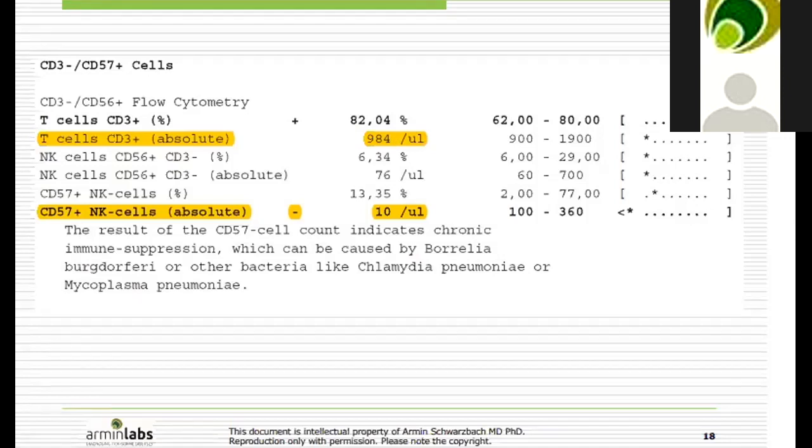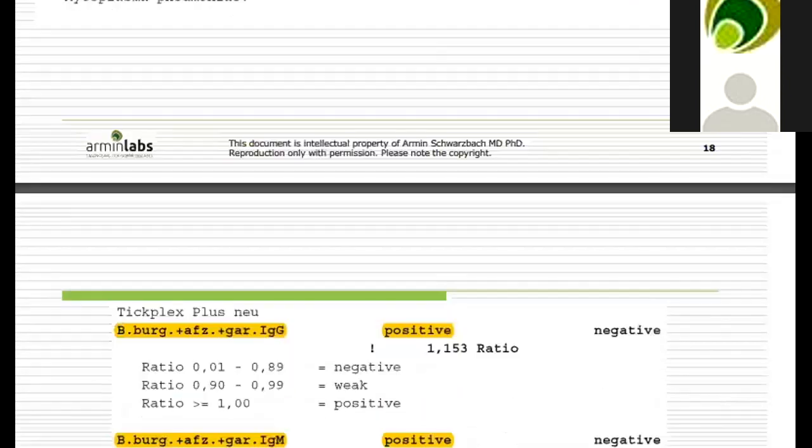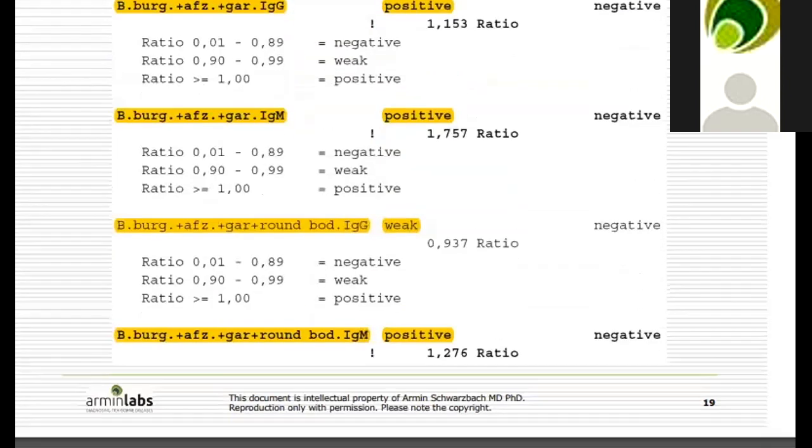And corresponding to that, you see the Tickplex. Tickplex shows you in that patient IgG pleomorphic forms, it's positive, and IgM pleomorphic forms, it's positive, and also the round bodies, the persister forms, are weak positive IgG, but they're clearly positive for the round bodies, persister forms for IgM.